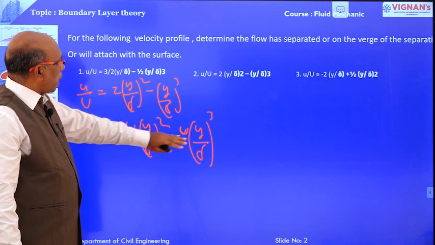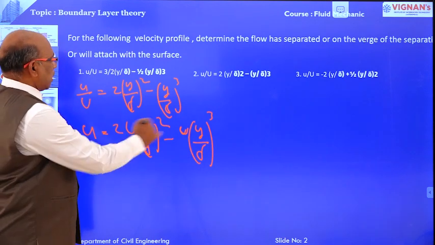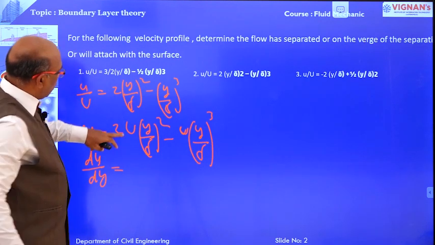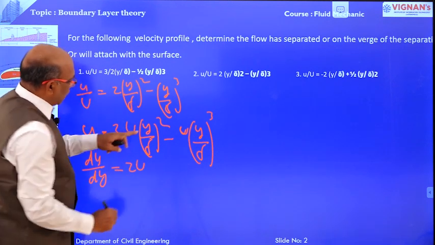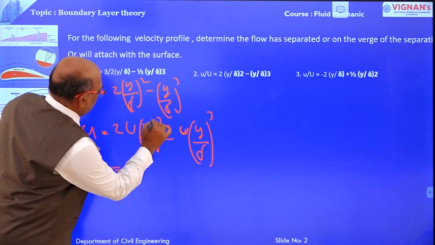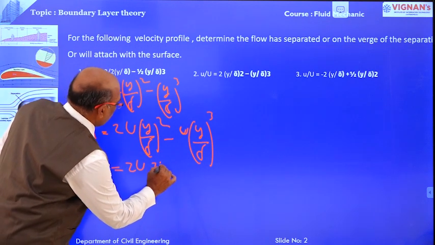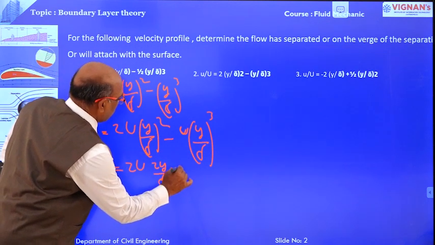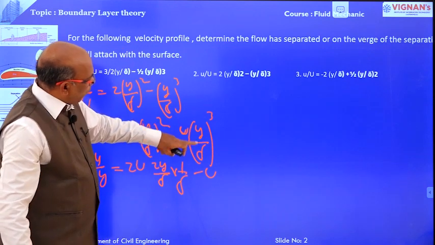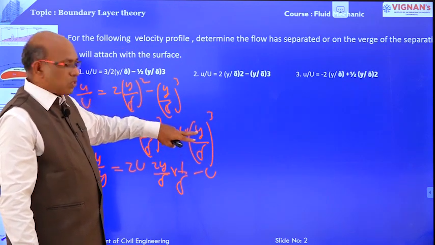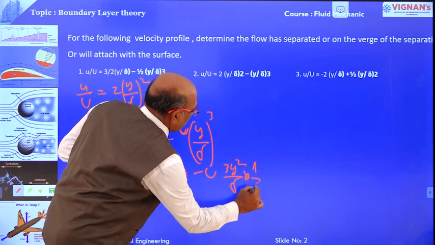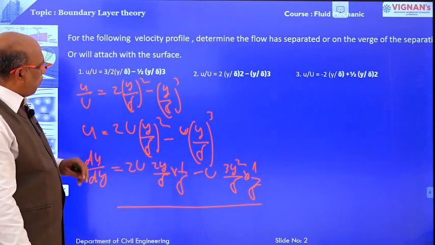Now differentiate with respect to y. du by dy is equal to 2U is the constant, the differentiation of y by delta square is 2y by delta into 1 by delta, and the differentiation of y by delta whole cube with respect to y is 3y square divided by delta into 1 by delta. This is the value of du by dy.